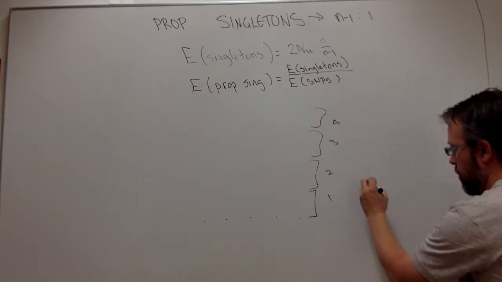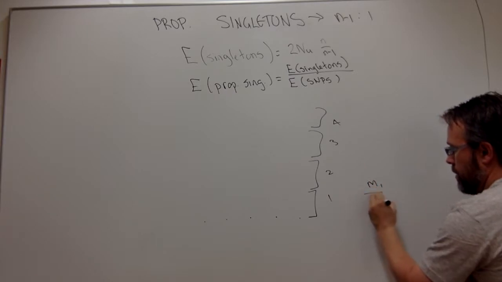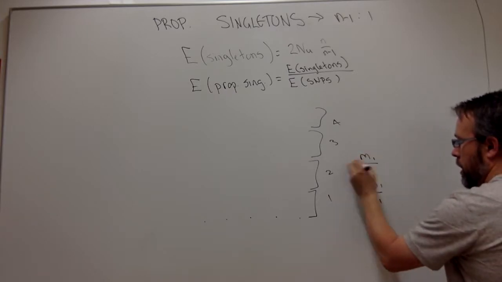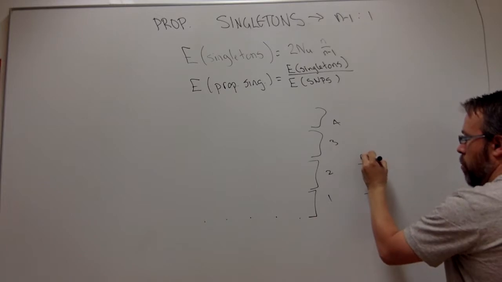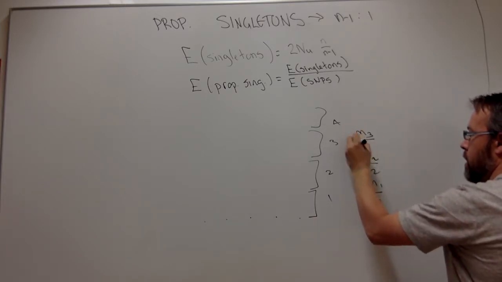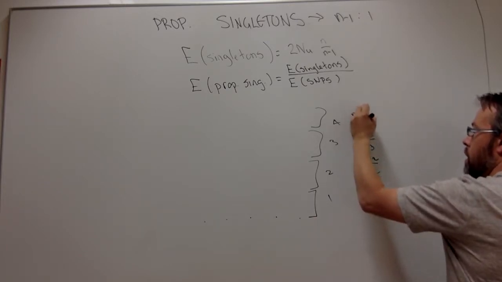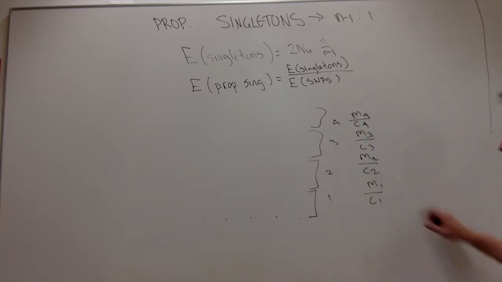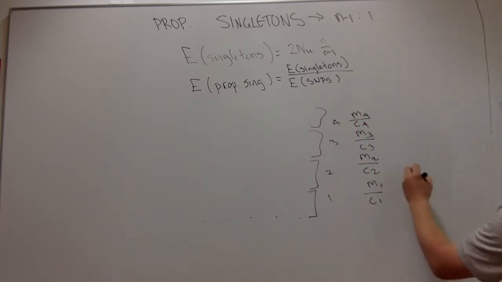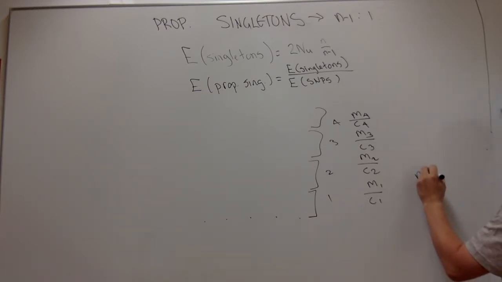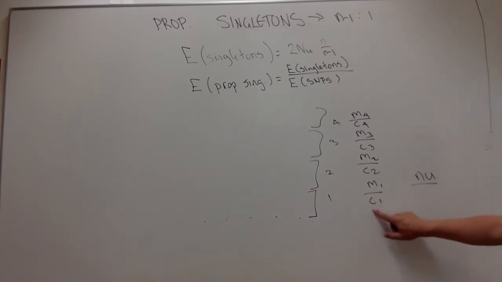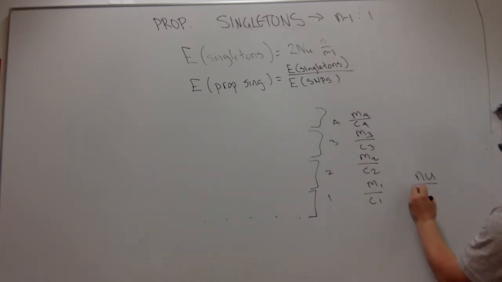So for this interval, we're back to our old friends, the expected time in each interval. So m1 here is the number of lineages that we still have left, times mu, divided by the rate of coalescence, which is n times n minus 1 over 2, divided by n.